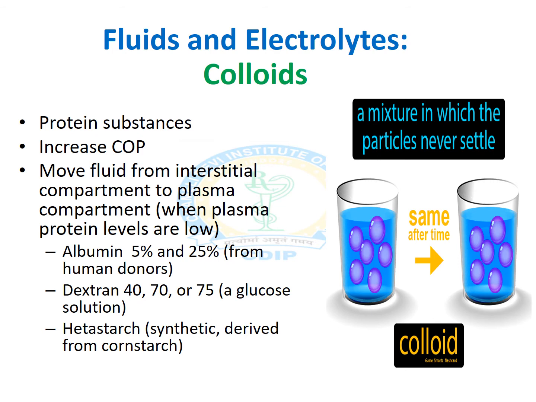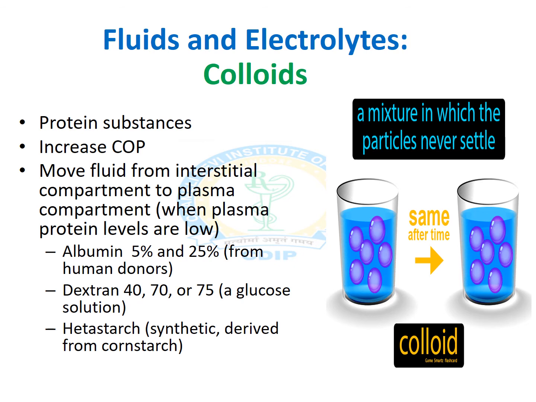The first category of fluids and electrolytes is colloids. Colloids are the protein substances. Basically, colloids are mixtures in which the particles never settle down. After some time, the mixture remains as such. The particles remain suspended in the fluid. They increase the oncotic pressure, and the fluid basically is retained inside the compartment.